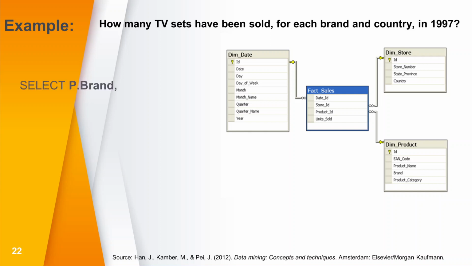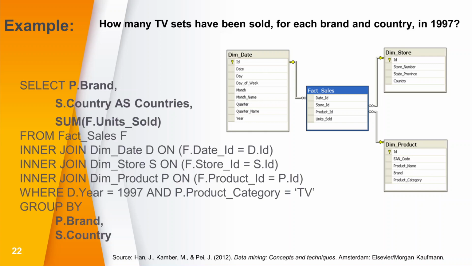So we should issue select P.brand, S.country as countries, and sum F.units_sold from the fact table joined together to the dimension table, and also to the store table, and also to the product dimension tables.